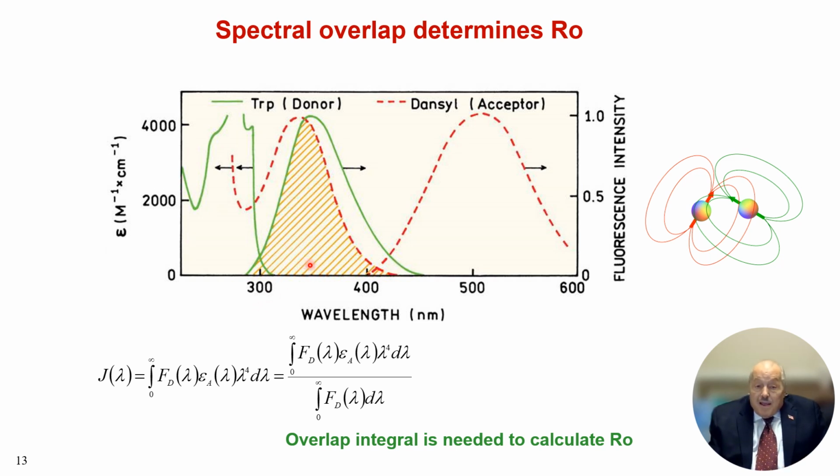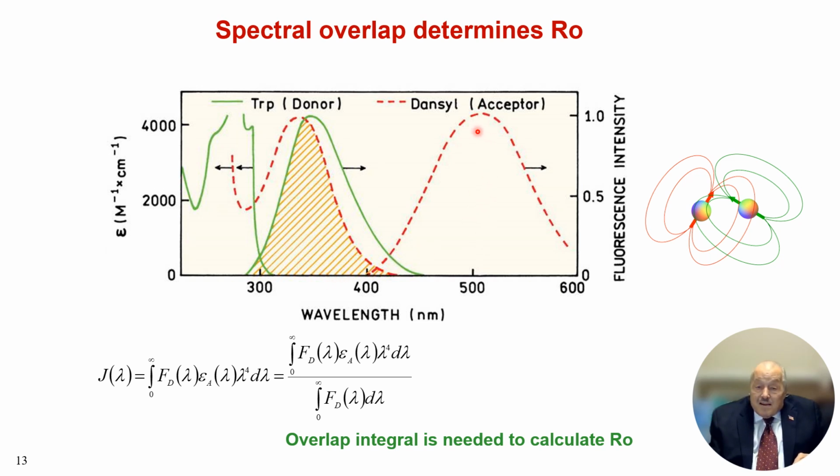Spectral overlap. How do you determine R0? Well, here we have put that plot together for the actual donor-acceptor pair we're looking at. So this is our donor absorption spectrum, which is centered around 280 or so. And its emission is at around 350.